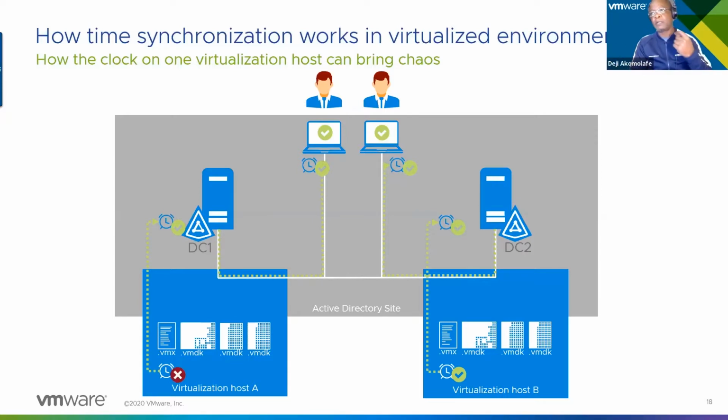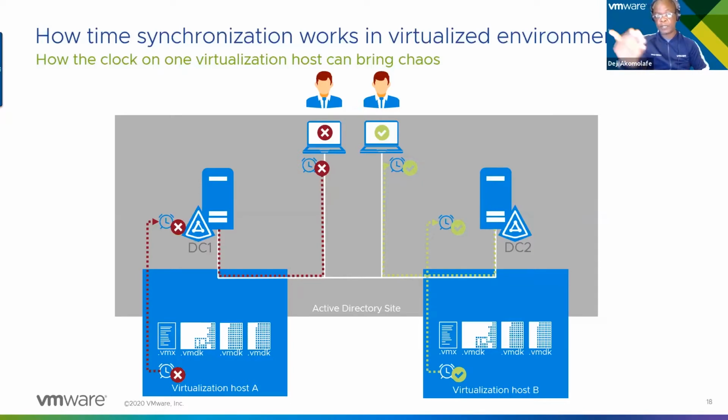If there were an error, a time clock error on host A, for example, that error will be propagated up to DC1, which then will be propagated up to the client and everybody that's authenticating against that domain controller. For example, say user 1 is sitting behind a device that received a wrong time from DC1.